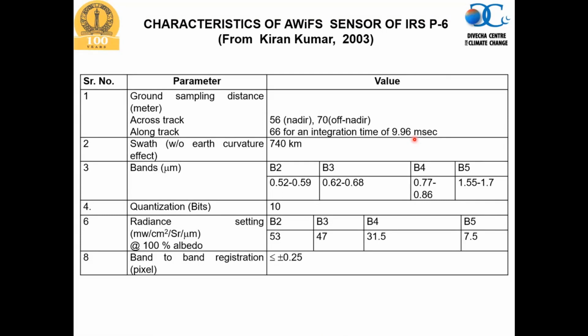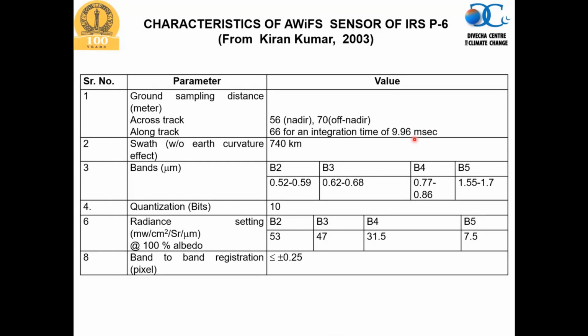But many of you would have used the AWiFS sensor, and you will always say it is a 56-meter spatial resolution. You never get the idea that it has three spatial resolutions. But eventually, when it is given to the user, you integrate or resample the entire data and give a spatial resolution of 56 meters.